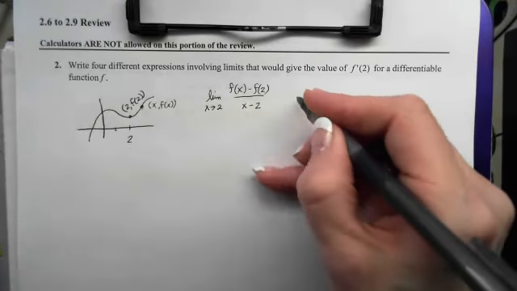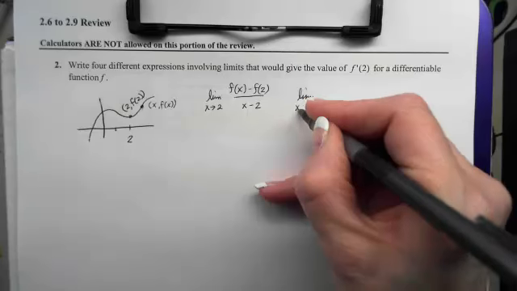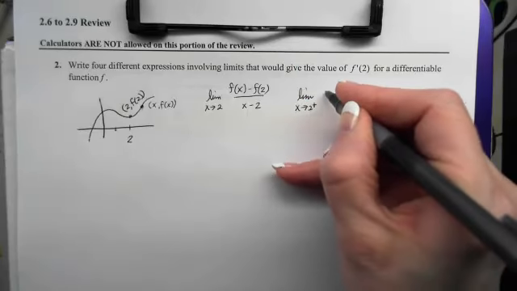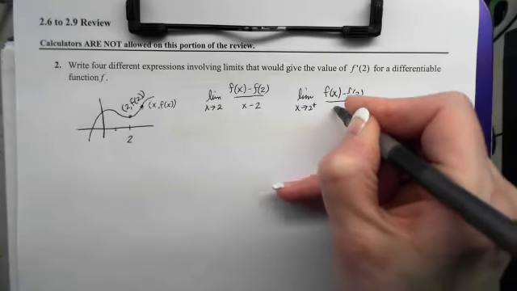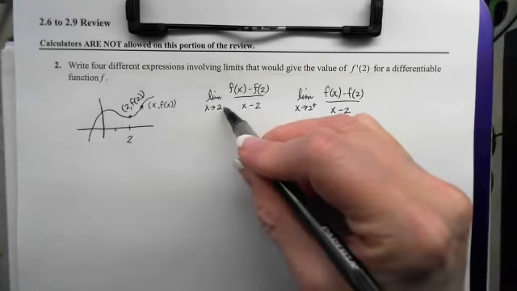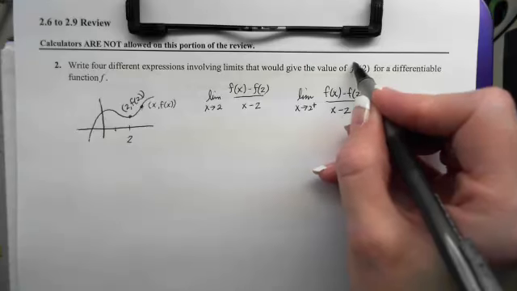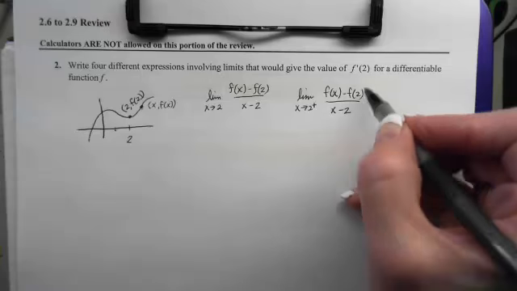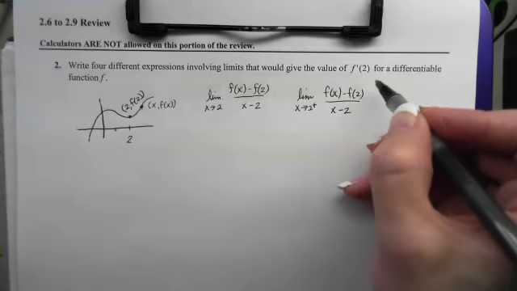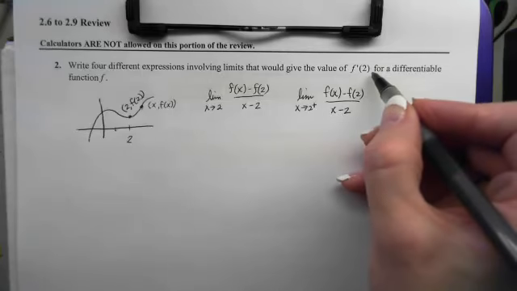Now variations on the theme are, I could do the limit as x approaches 2 from the right. And as long as that limit exists, it's going to be the same as this limit. As long as the two-sided limit or the derivative exists, since the function is differentiable, that tells us the derivative exists, then this right-hand limit is going to be the same as the derivative at 2.